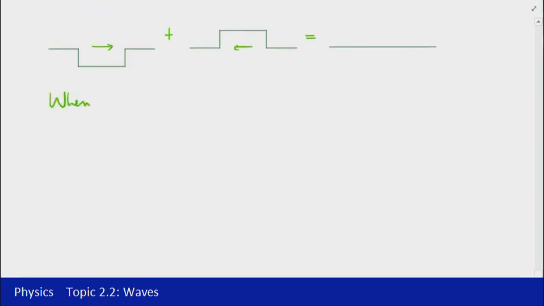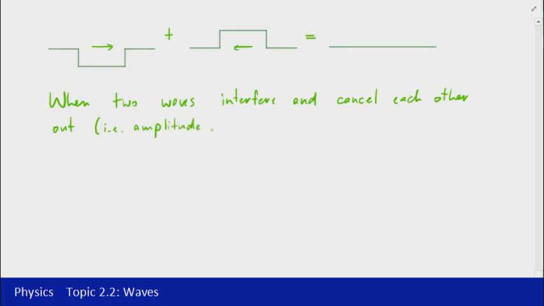So when two waves interfere and cancel each other out, and what we really mean by cancel each other out is that the amplitude is 0. And when we have that occurring, when the amplitude is 0, we call that destructive interference.